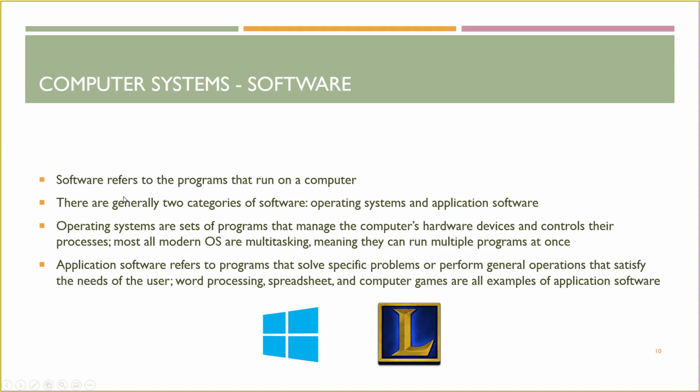Those are all operating systems. An operating system is basically just programs that manage your computer's hardware and control your computer hardware processes. Right? So your OS handles that fetch decode cycle that the CPU does. The OS handles all of that.